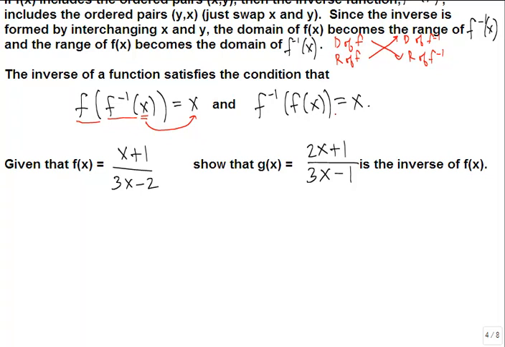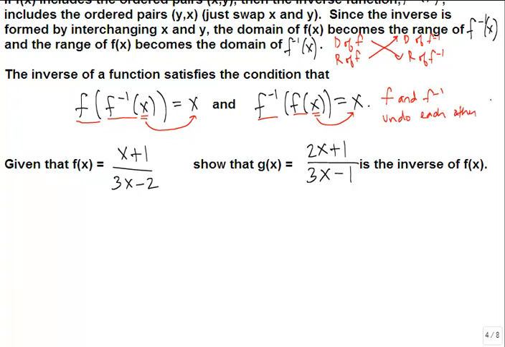And this second statement does exactly the same thing, but in the other order. So if you start with x, f is going to do something to that x. f inverse will undo everything that f just did and give you back your original x. So these two statements basically just mean that f and f inverse undo each other.